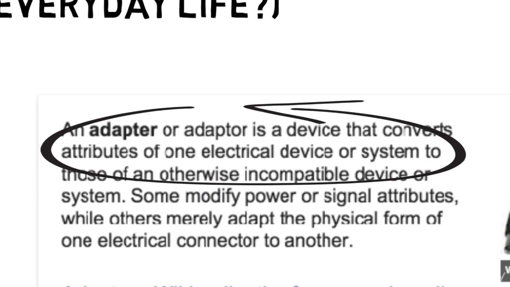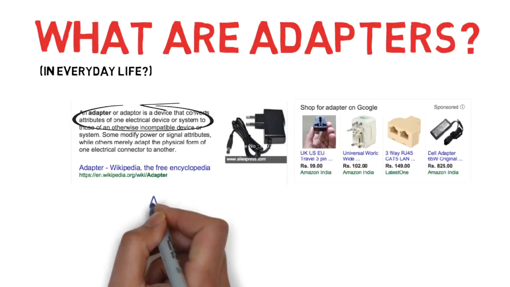An adapter is a device that converts the attributes of one electrical device or system to those of an otherwise incompatible device. This is the definition of an adapter as we hear it in real life, and it can be applied literally to programming, except that we won't be talking about electrical devices. Instead, we'll be talking about interfaces and coding systems and integrating those two.